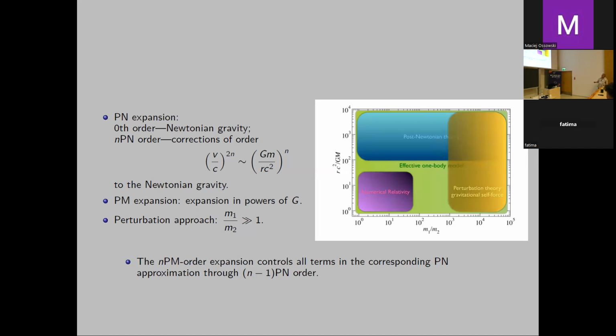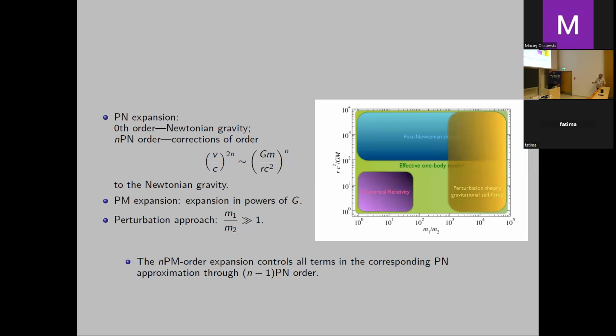We have also the post-Minkowskian expansion. This is a weak field, but not slow motion expansion. So this is formally an expansion in powers of G, the gravitational constant. And we have the perturbation approach, which was discussed by Adam Pound.